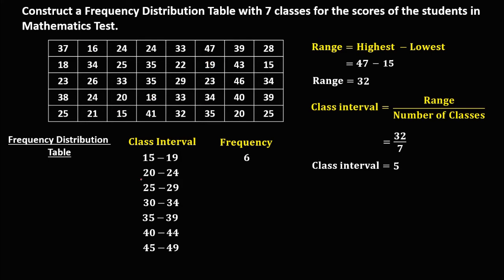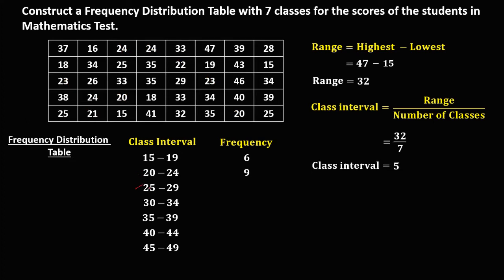Then for the second class, scores within 20 to 24. We have 1, 2, 3, 4, 5, 6, 7, 8, 9. So 9 scores within 20 to 24.